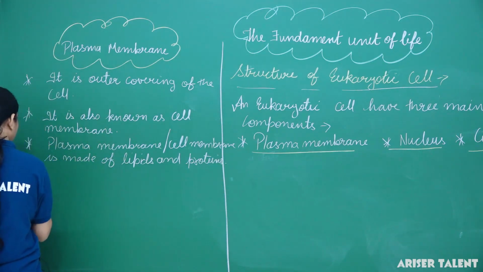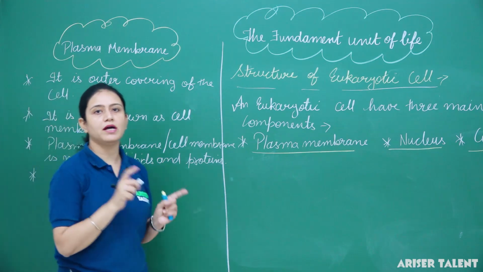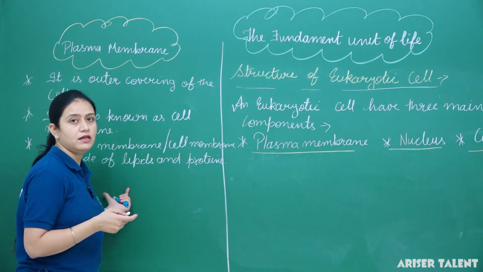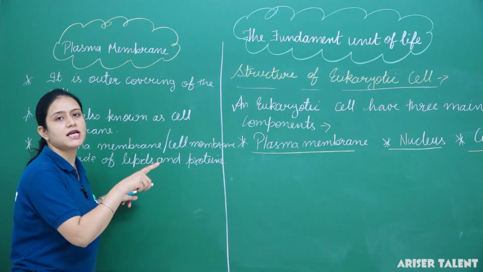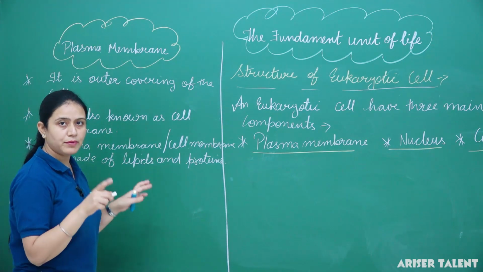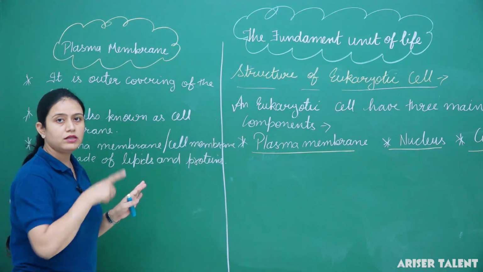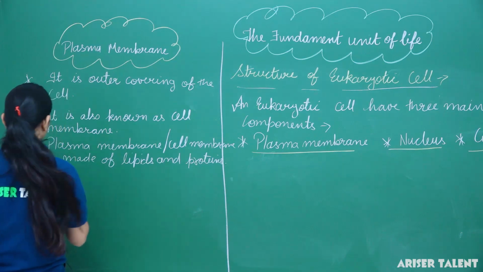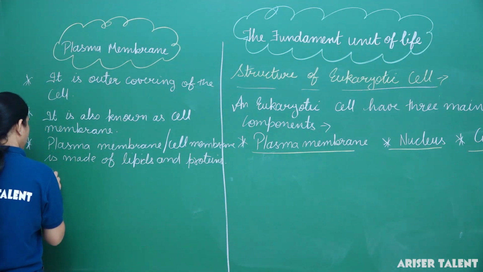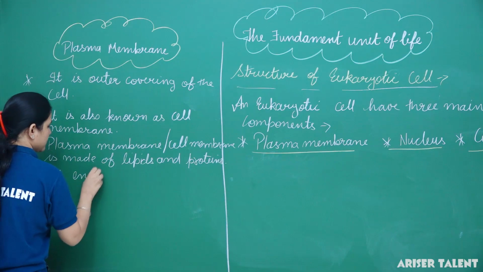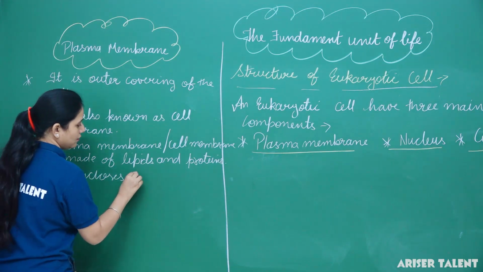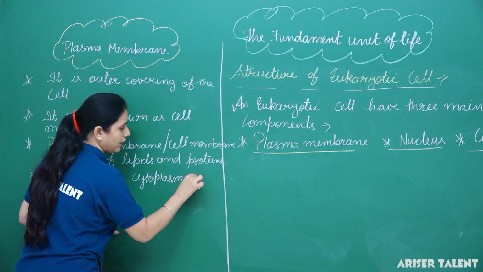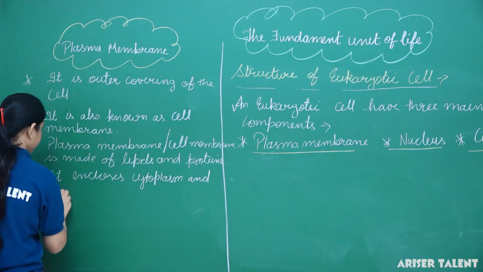Okay, and as we have discussed the plant cells and animal cells, so what is the difference? In plant cell, plasma membrane is present between the cell wall and cytoplasm, but in the animal cell, all the cytoplasm and nucleus are enclosed by plasma membrane. Okay, so we can say it encloses cytoplasm and nucleus.